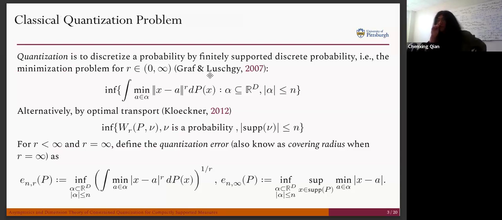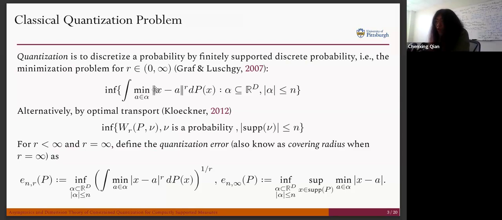The classical quantization problem is to discretize a probability measure by a finite combination of discrete Dirac measures, which means we need to minimize the following function.